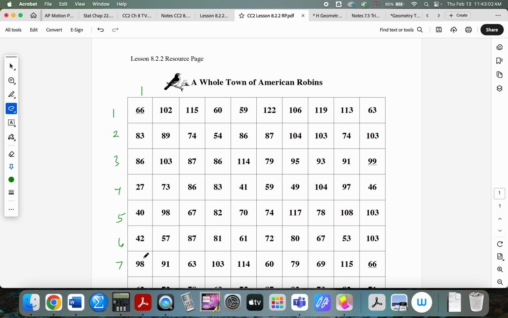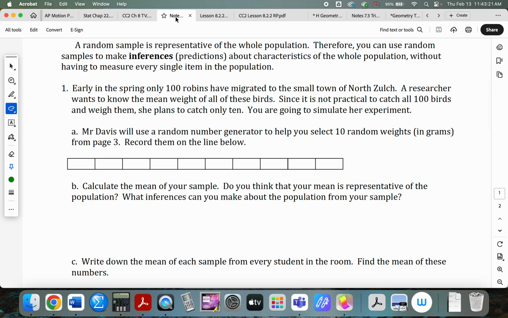So it's row 7, column 1. It's 98. Okay, so the first bird you caught weighed 98 grams. That makes sense? And then you're going to go through all 10, and you'll put those 10 on this little chart here.